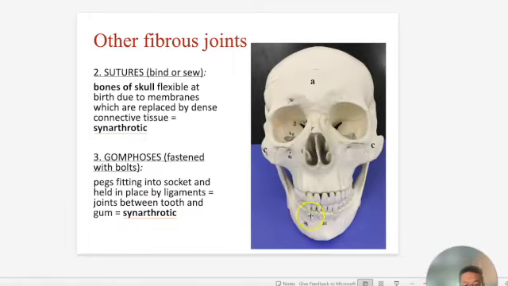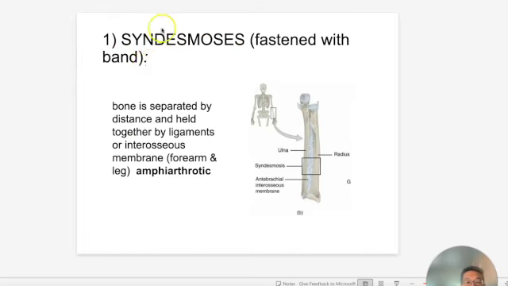They are the joints in the teeth. So gomphosis and sutures are synarthrosis, and the syndesmosis joint is amphiarthrotic, with very little or no movement.